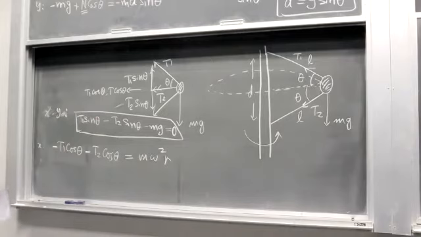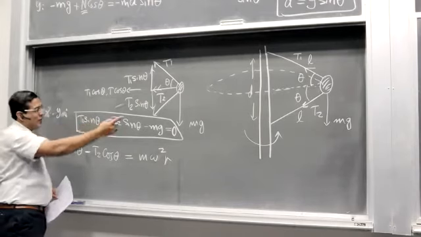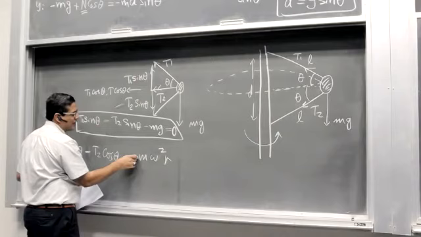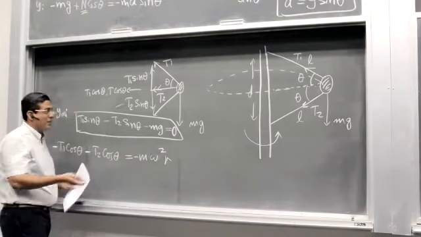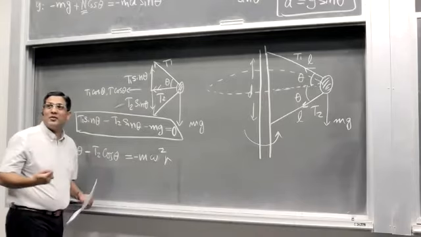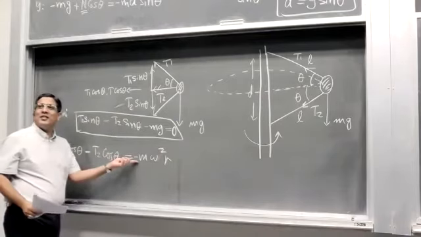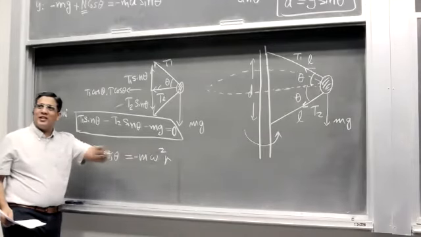Now, depending on whether it is rotating clockwise or anti-clockwise, the acceleration can be negative or positive, right? That's an arbitrary choice, it is not specified, and it doesn't really matter for answering our question which way. So I take the acceleration negative. Let's say it's rotating in this direction.